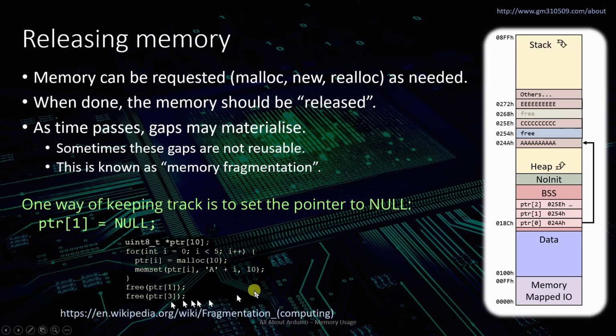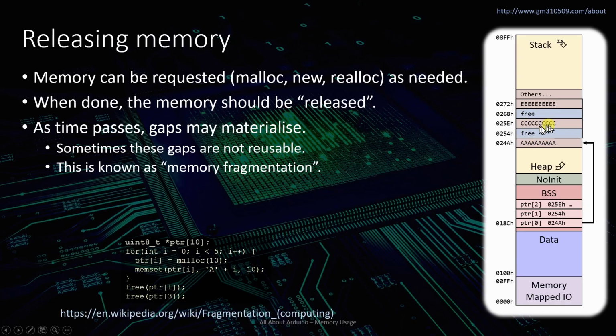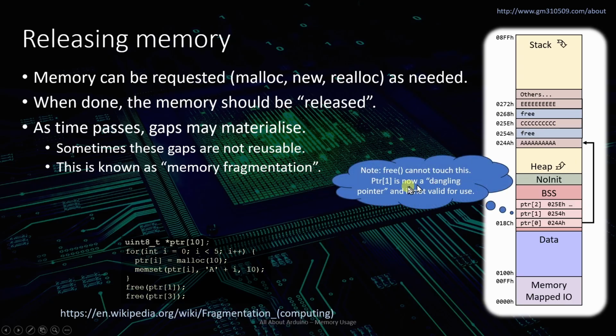If I do another one, free pointer 3, so I haven't got that address here, but assume it's this one. So that would be 268. So now we've got this one free. So now we've got 2 blocks here that are free, separated by this wall of C's here. Now the other thing to note here is that the free function doesn't modify the parameter.